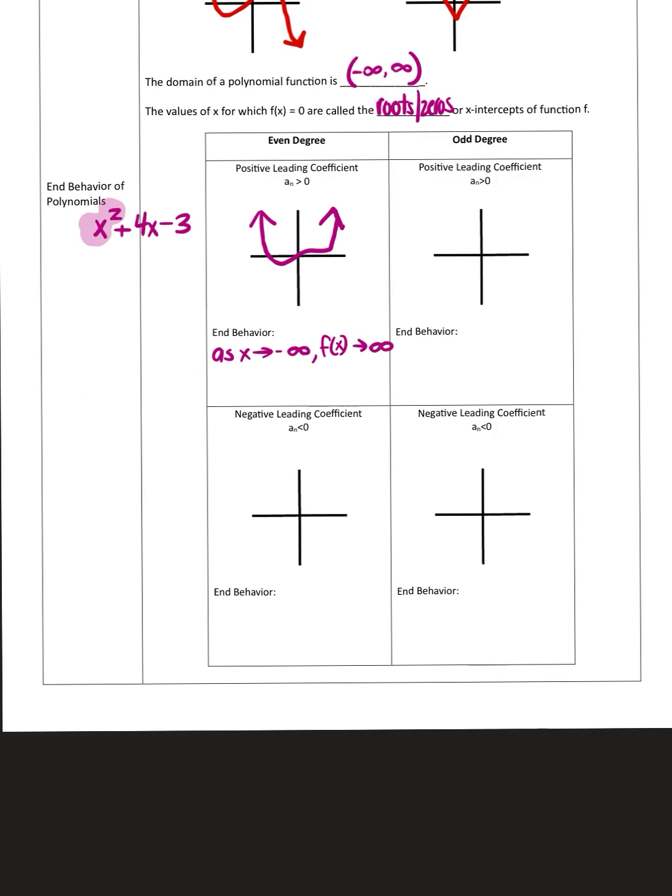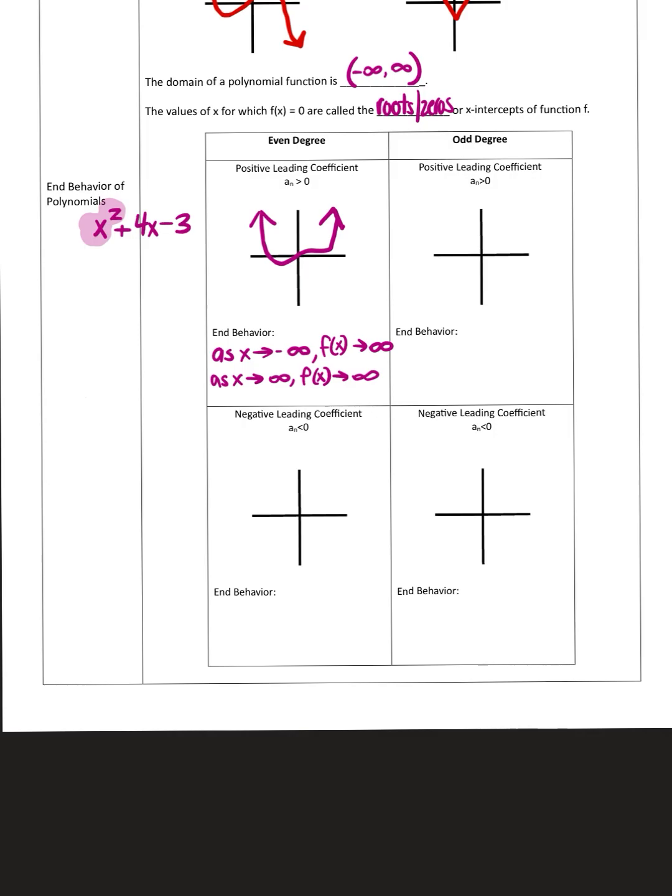Okay, and we can see that here. As x goes towards the negative, f of x or y goes up, all right? Let me finish my end behavior. As x approaches positive infinity, f of x also approaches positive infinity. And again, as x goes towards the positive, it goes up.